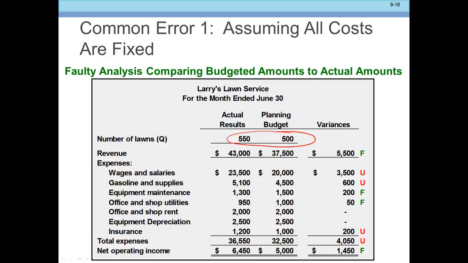Comparing static planning budget cost to actual cost only makes sense if the cost is fixed. If the cost isn't fixed, it needs to be adjusted for any change in activity that occurs during the period. Assuming all costs are fixed gives you variances that are meaningless. You can't tell whether a company was managed well or not.